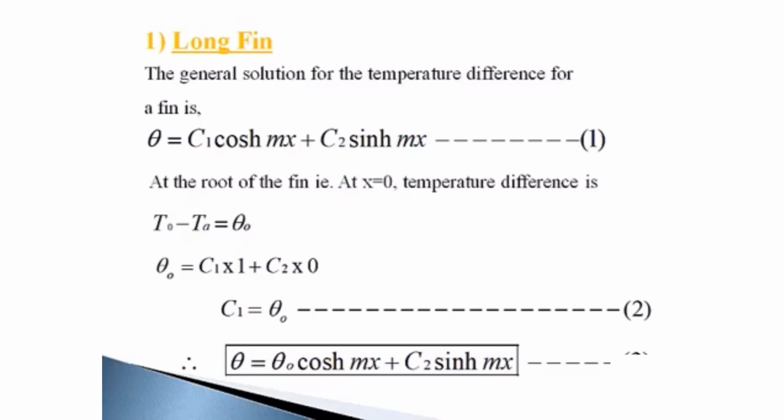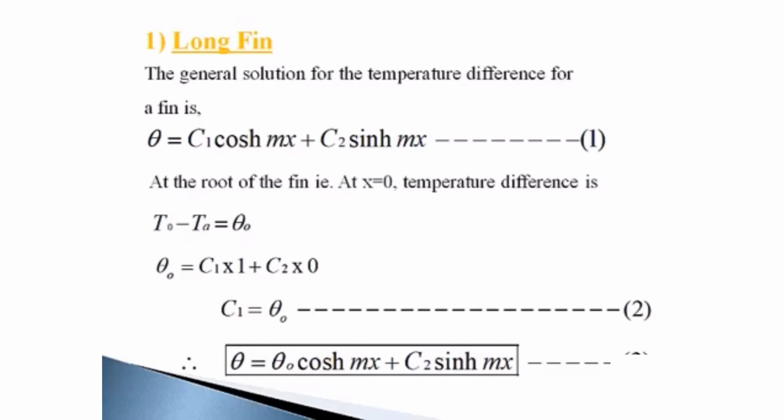So x is zero stands for the surface, where you will have the maximum temperature, which we represent by T0. TA is the ambient temperature, so the difference, T0 minus TA, is theta 0.